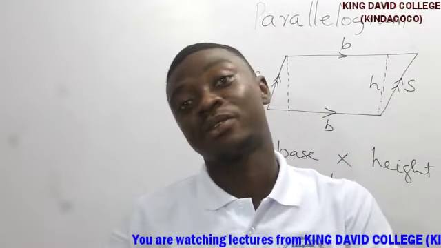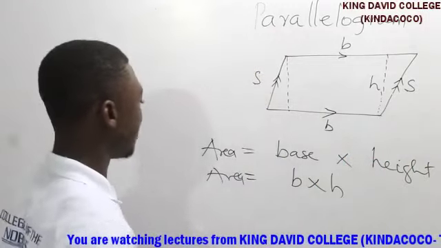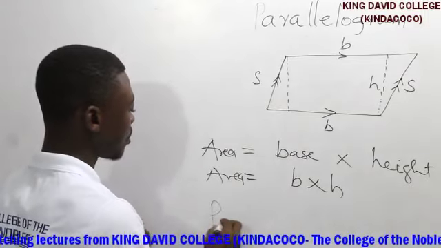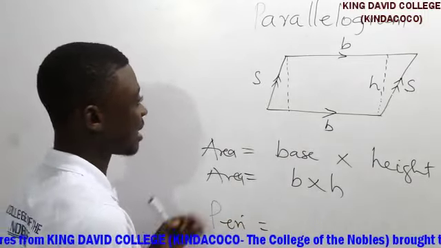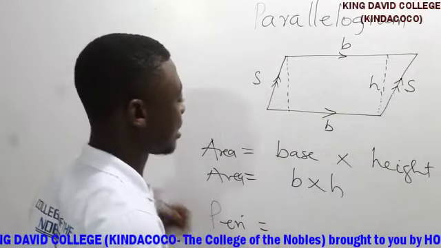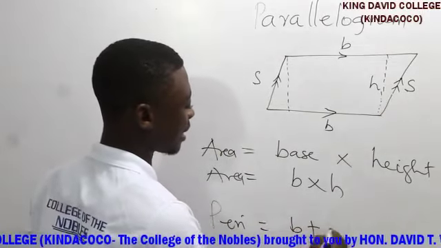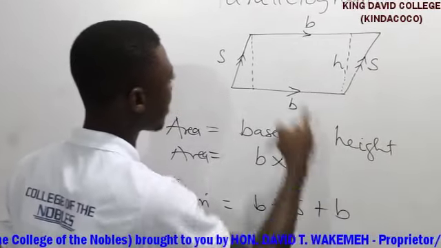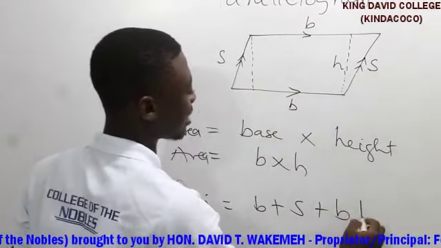So the perimeter here is base plus a side plus another base plus another side.